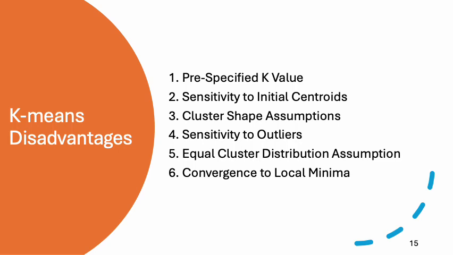Since K-means assumes that clusters are approximately of equal size, other clustering techniques like Gaussian mixture models, GMM, can be used. GMMs can handle clusters of different sizes and shapes more effectively. 6. K-means can converge to local minima rather than the global optimum.